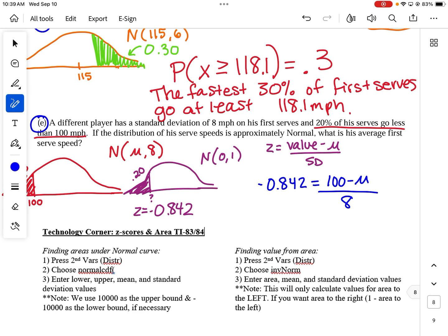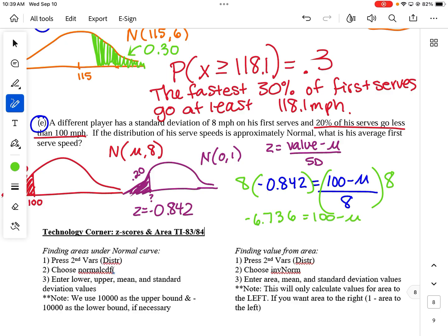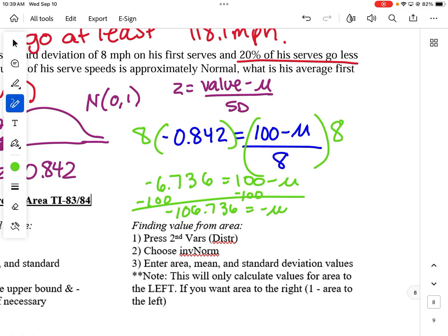Okay, so do the algebra to solve this out. Okay, we can't leave it as negative mu, so our mean is 106.7 miles per hour.